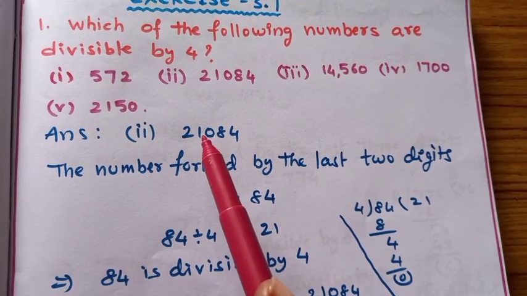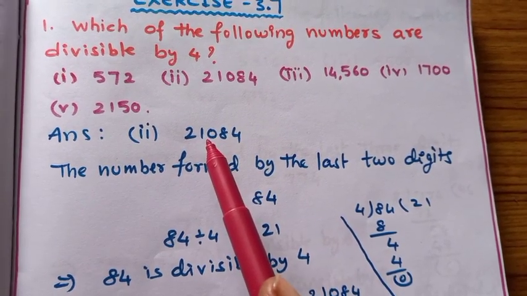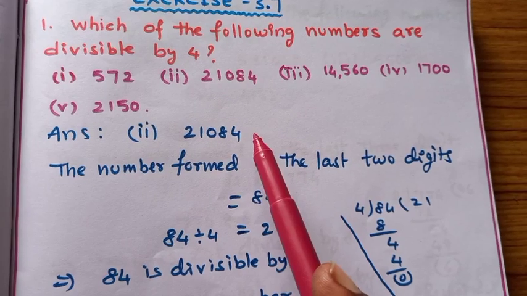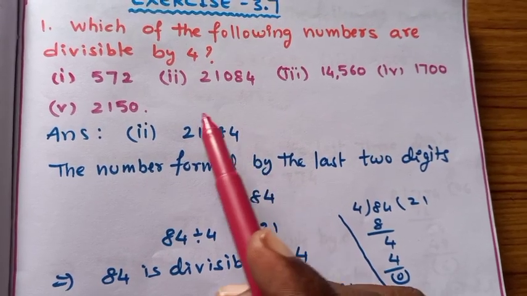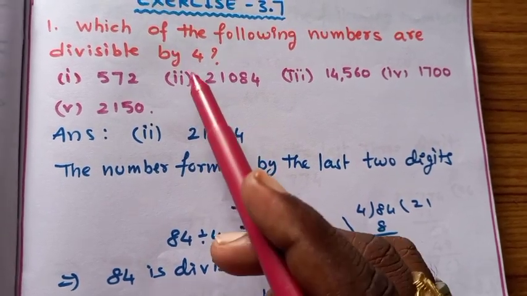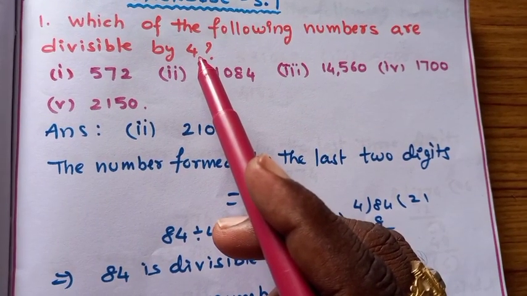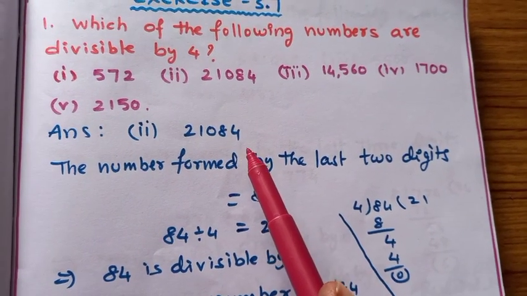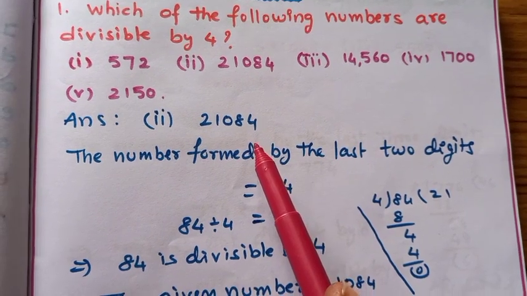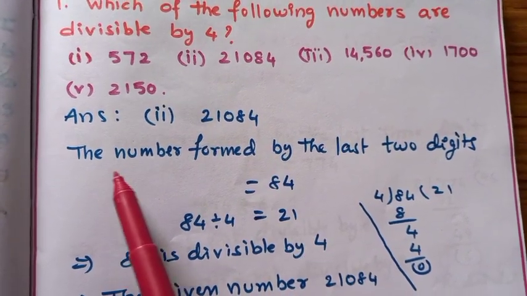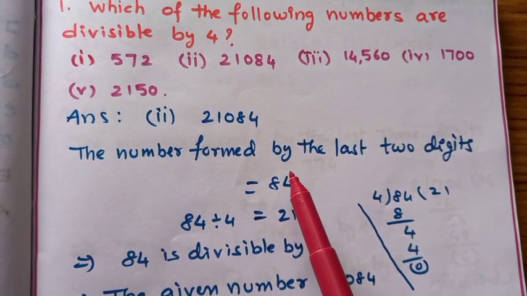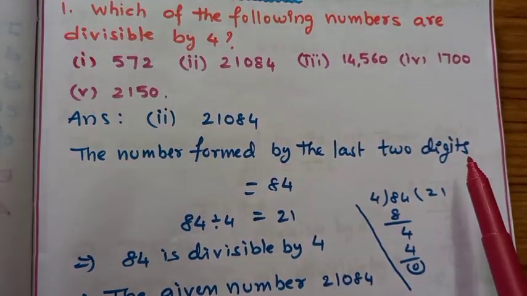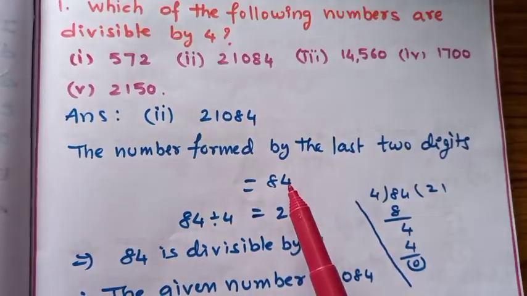Second question. The given number is 21,084. Here we have to check whether the given number is divisible by 4 or not. For this, we are taking the help of the divisibility rules. The number formed by the last 2 digits is 84.